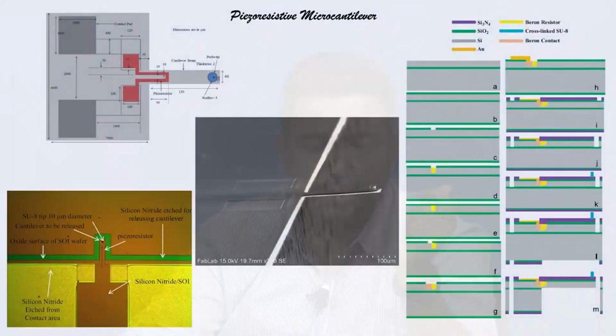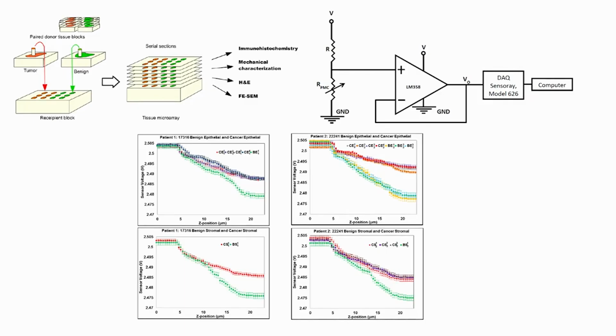If you quickly see what we have discussed in last class, you will see on the slide, that will be our piezoresistive microcantilever. We have seen the process flow of how we can design this particular microcantilever, and then we have seen how we can use this microcantilever, and we have also seen the results, right.